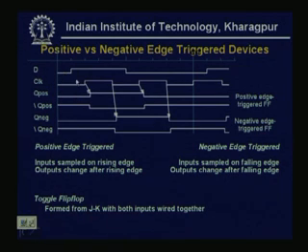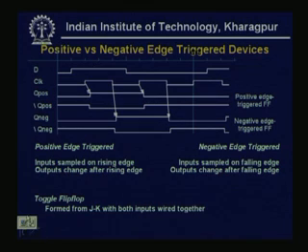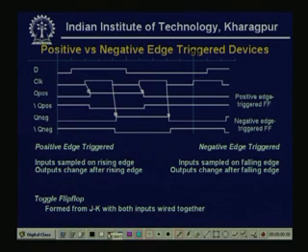D becomes 0 to 1 and the clock becomes 0 to 1 here. This becomes 0 to 1, positive edge triggered. Then only the output Q will change.